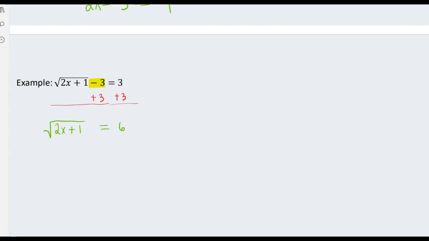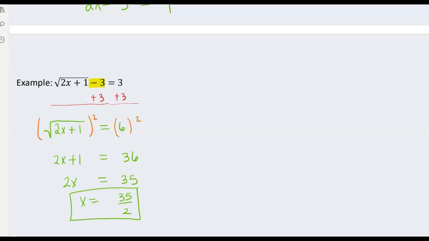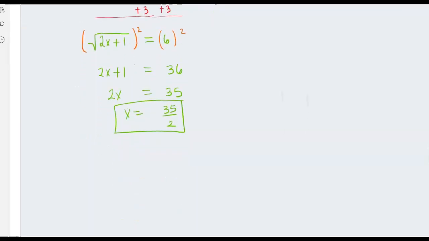And now I can proceed the way that I did in the last example by squaring both sides of the equation. Subtract 1 from both sides, and then divide by 2. If we check this answer, it'll end up making the equation true. And so we know that that's a good answer.